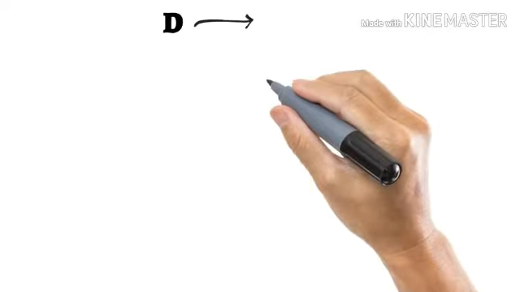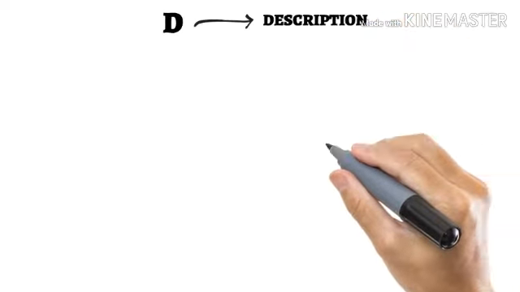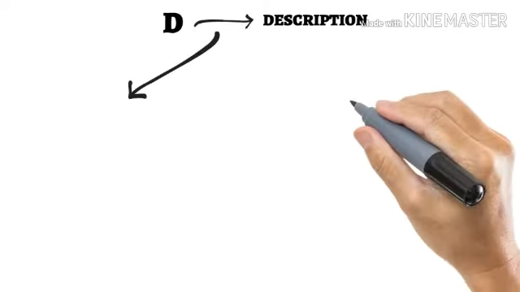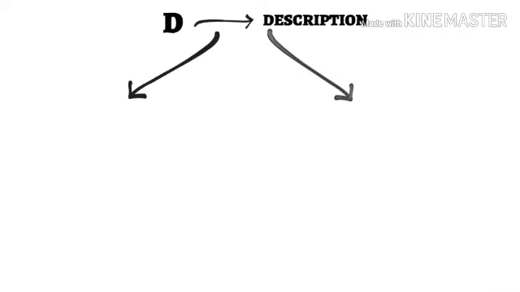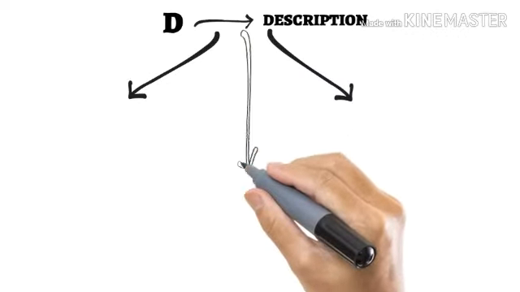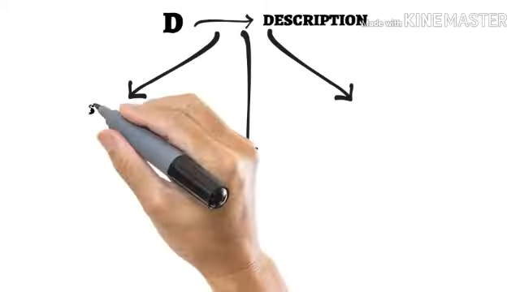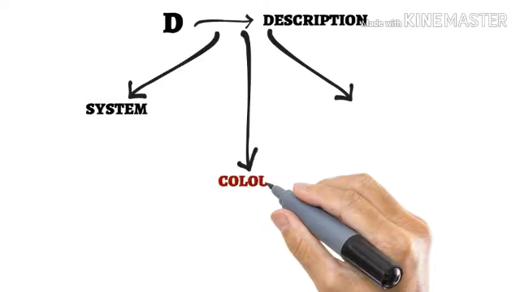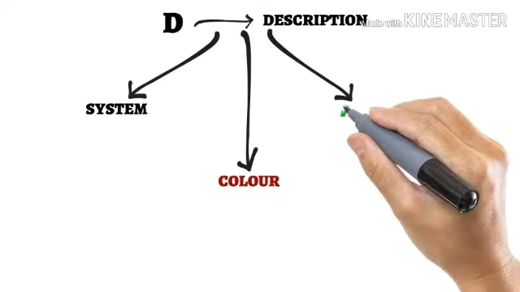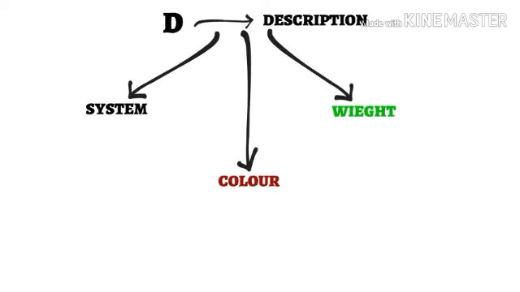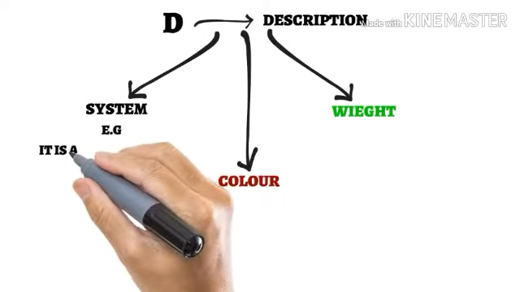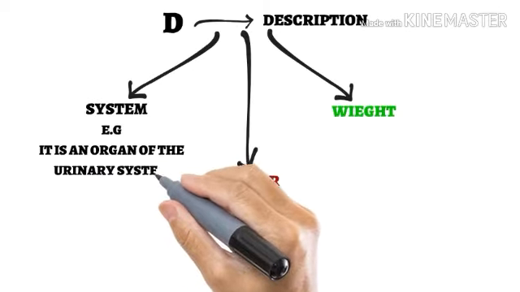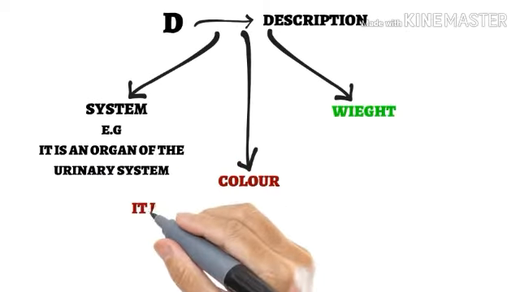And in your description, you are expected to give just a short introduction of that organ. And you are going to talk on three things. The first one is the system that organ belongs to. Let's take the kidney as an example. The second thing is the color, and the third thing is the weight. So you can just say it is an organ of the urinary system, comma, or you can put full stop.